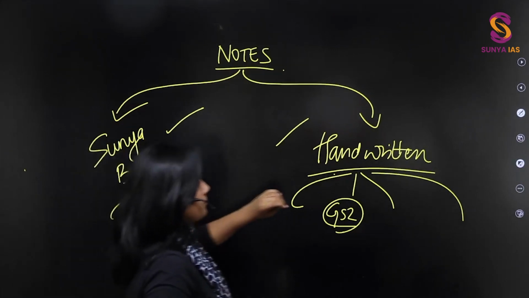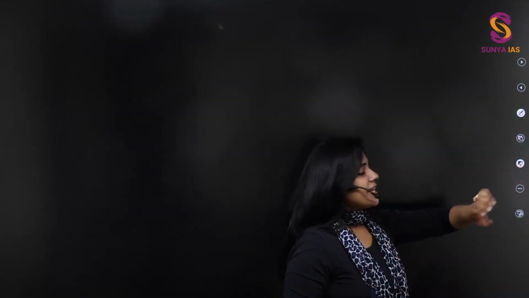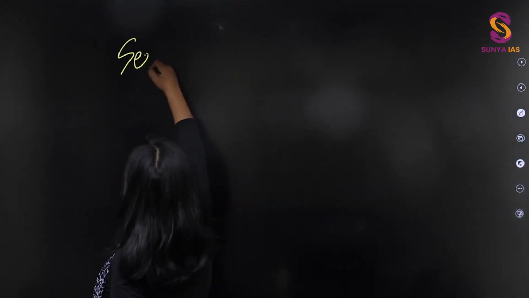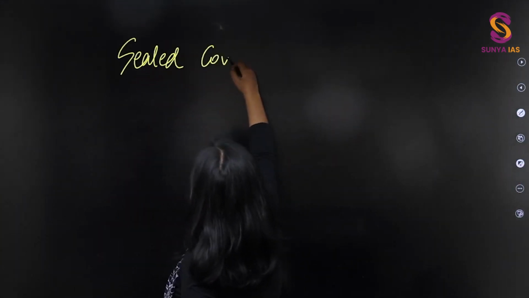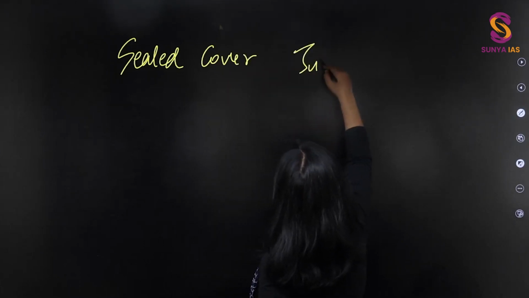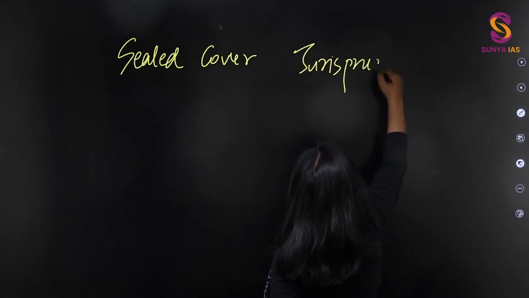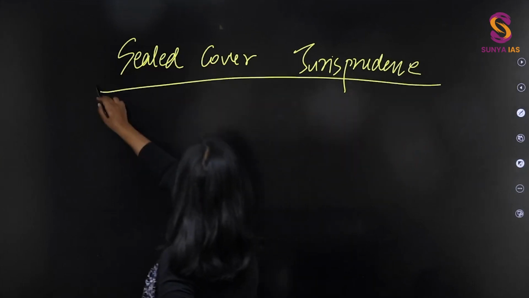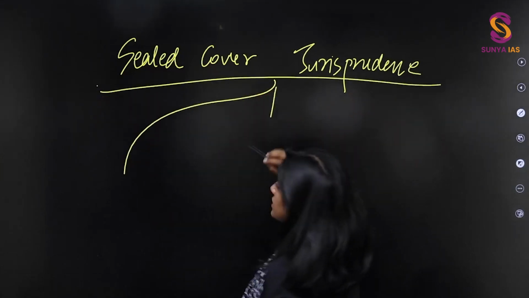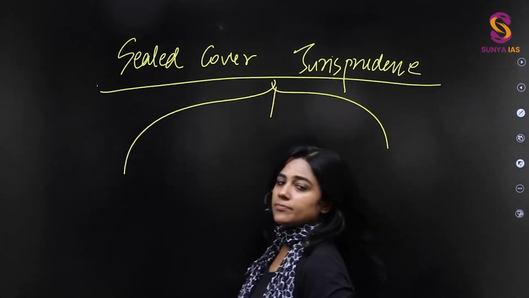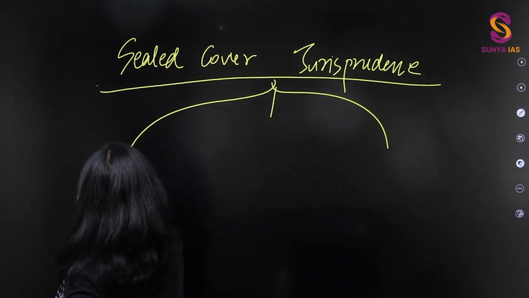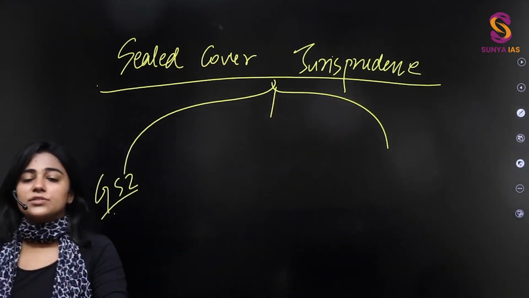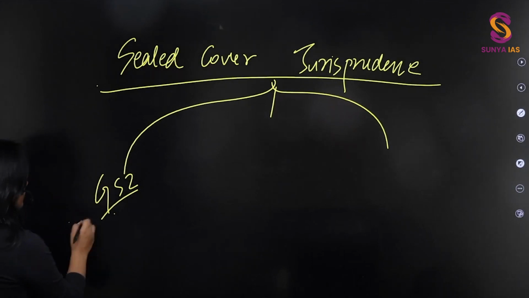The second thing is where this topic is important. So the topic is sealed cover jurisprudence. It is important in 3 aspects. One is GS2, very clear. It is an issue that is faced by the Indian judiciary.